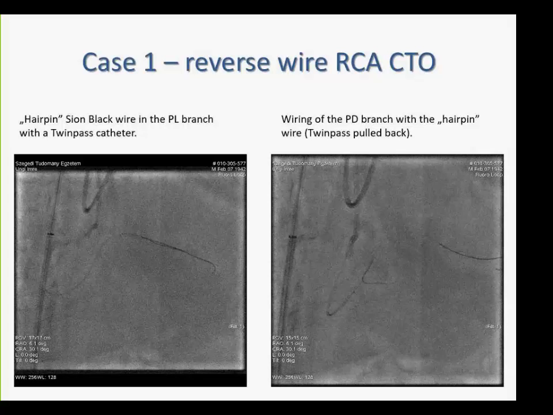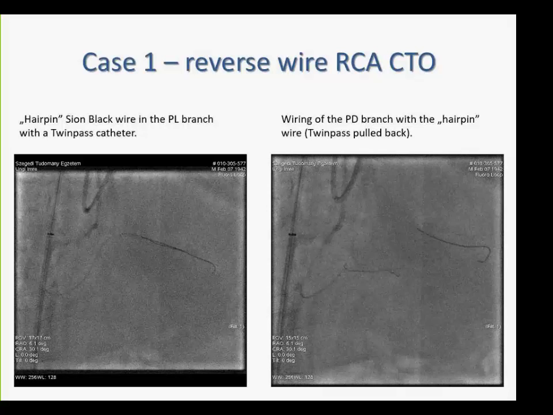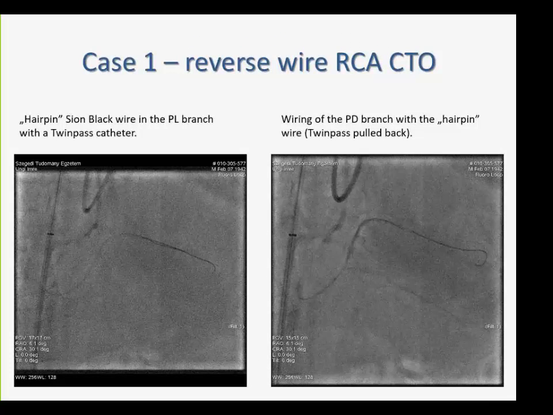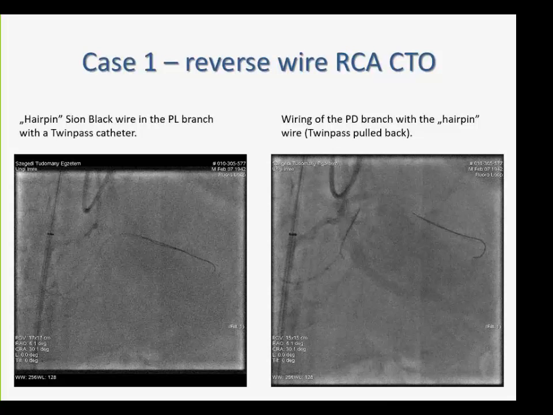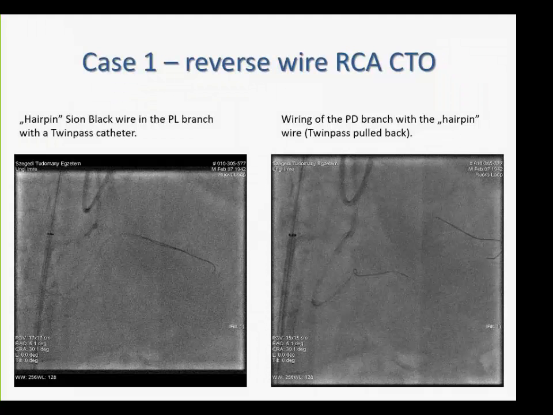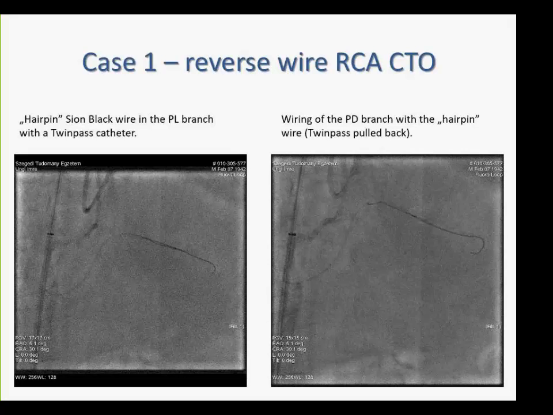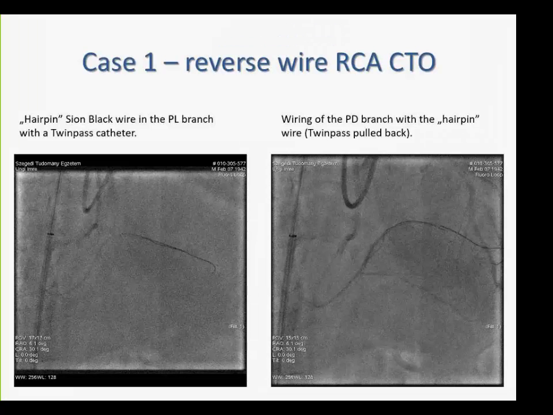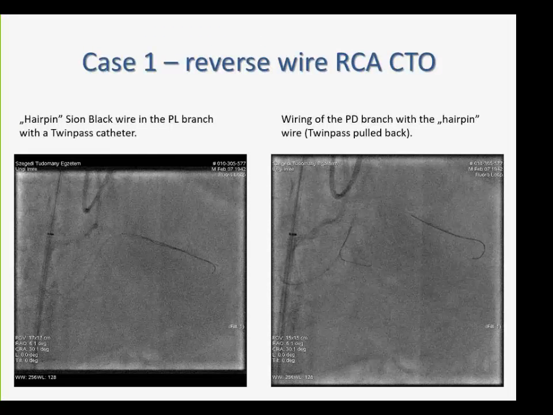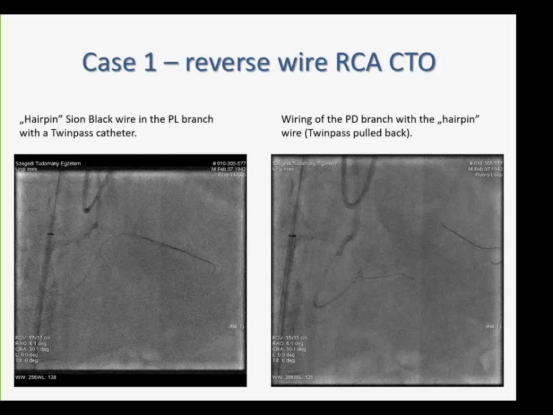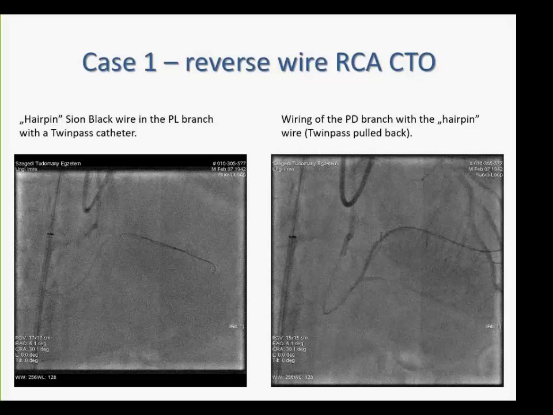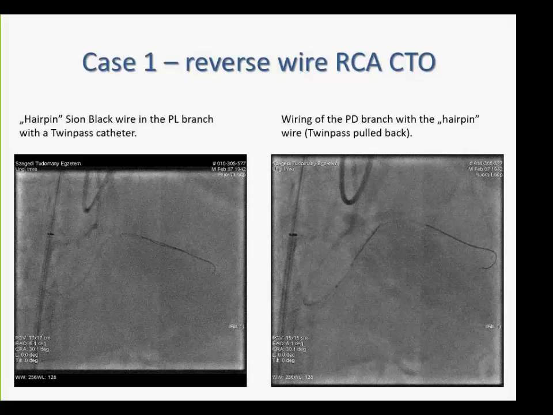Maybe unfortunately it's not the best quality, but on the right angio, it can be seen that we already pulled back the Twin Pass, and with some pulling and rotating manipulation, we could find the true lumen of the PD branch with the second wire, which is in the OTW lumen of the Twin Pass. So we crossed the occlusion with the Twin Pass and the hairpin wire, and we could get the PD true lumen.